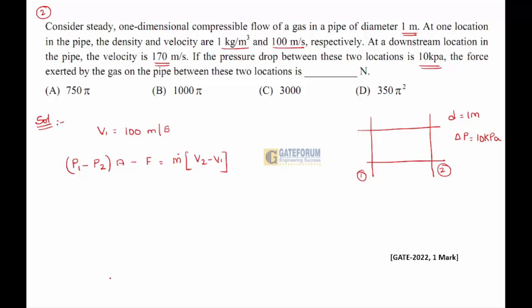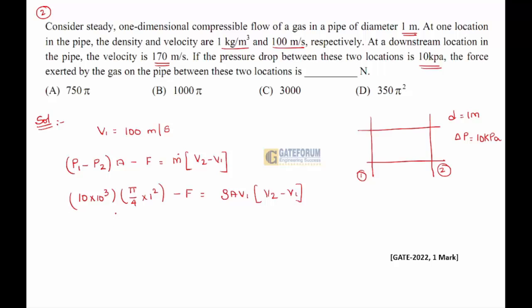Pressure drop equation I am taking. So P1 minus P2 is how much? The pressure difference is 10 kilopascal. Kilo is 10 cube. Area is pi by 4 d square, where diameter is 1. So 10 cube times pi by 4 d square minus F is equal to m dot, which is rho A V, into (V2 minus V1).